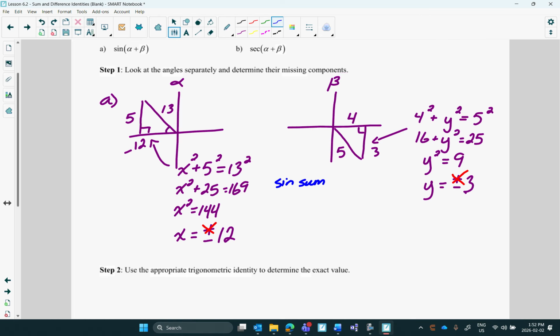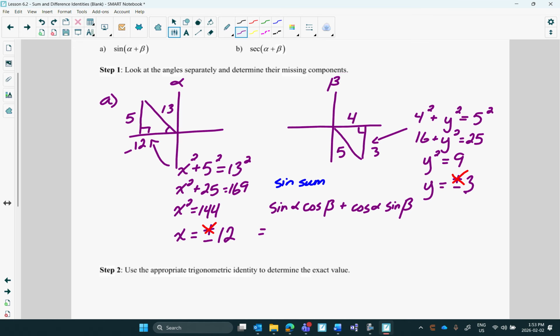So the sine of alpha times the cosine of beta plus the cosine of alpha times the sine of beta. Well, I know all these. I use my triangles, or I use the information in the question.